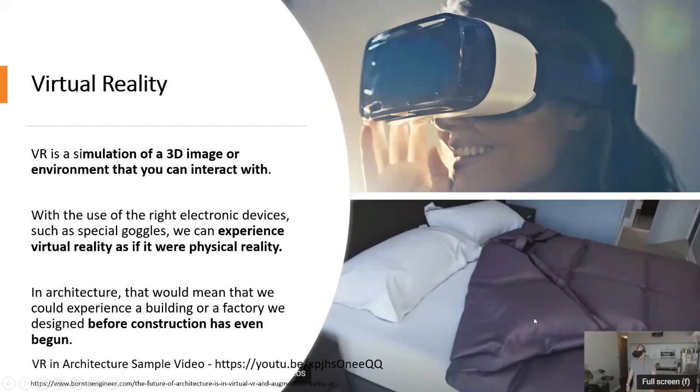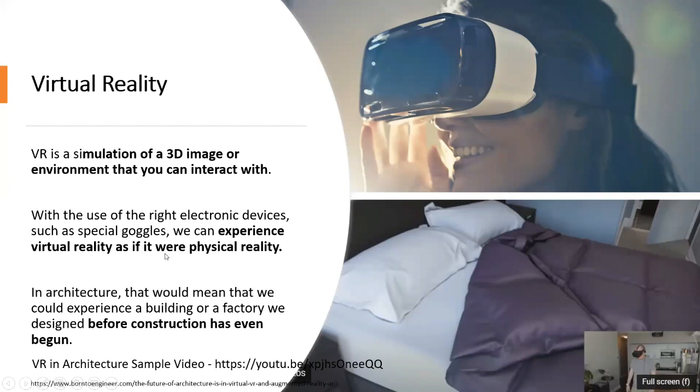In this below image, you will be seeing the person here in the corner is wearing the goggles, and he is able to visualize the architectural model as if it is a real model. He is visualizing his bedroom, and we can see how realistic it is looking in virtual reality.